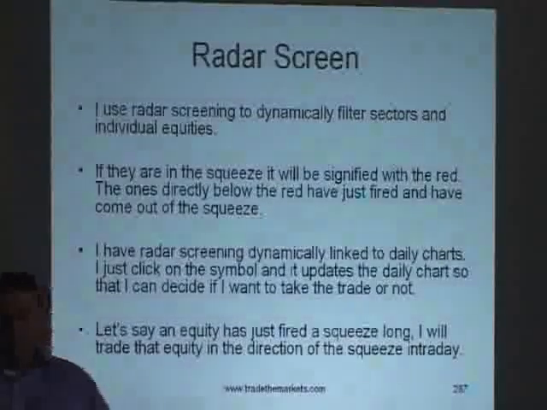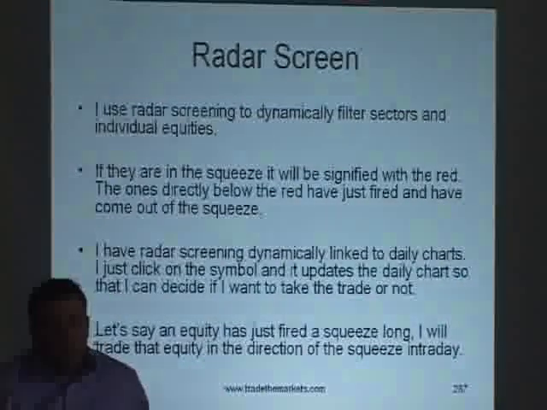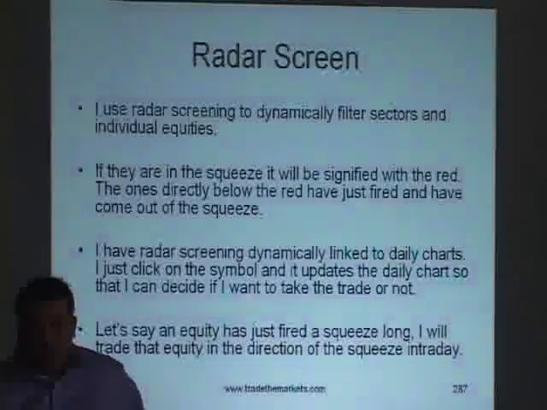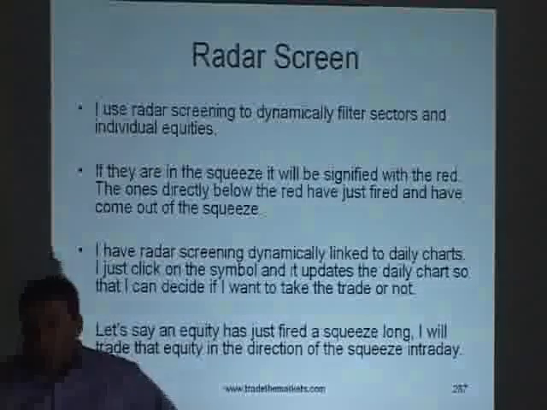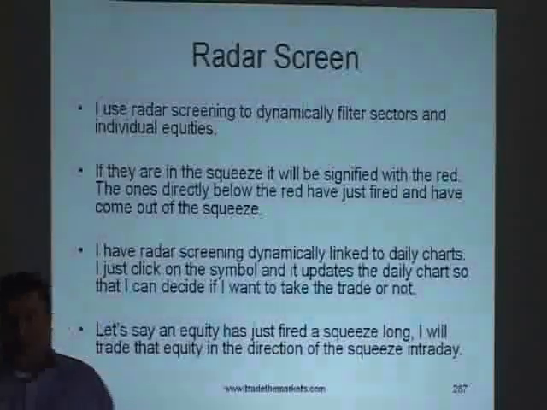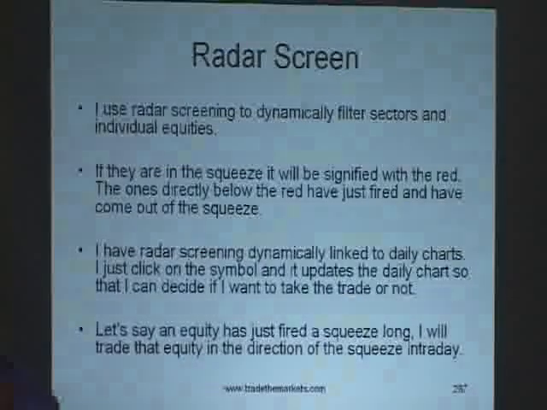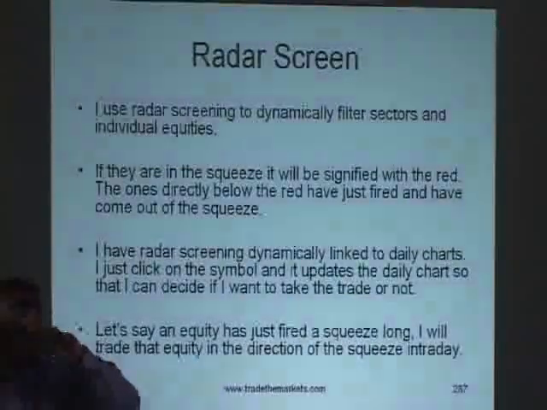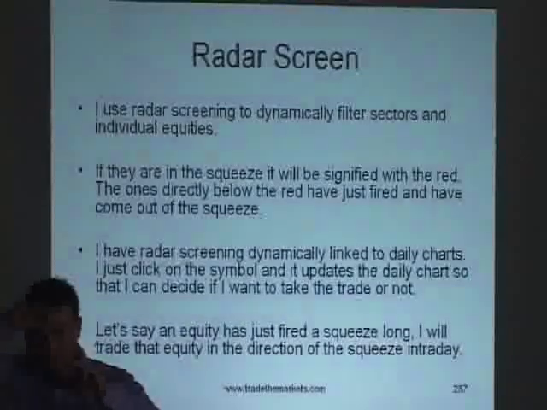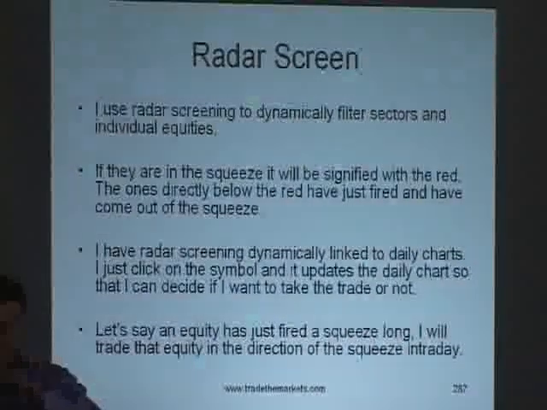What I do on the squeeze is, I've got one TradeStation workspace that took me like 18 hours to build. If you guys want it, I'll download it from the office and give it to you. It dynamically sorts sectors, and then tells me by net change.